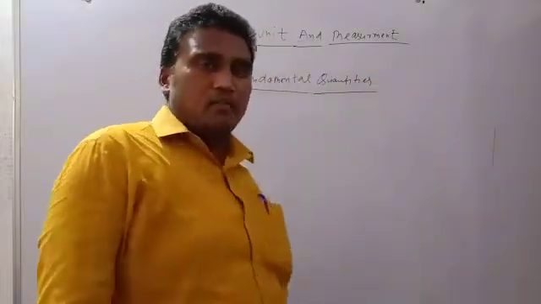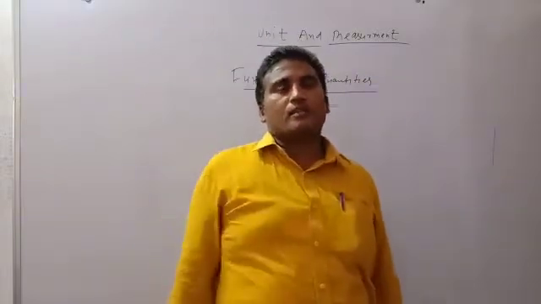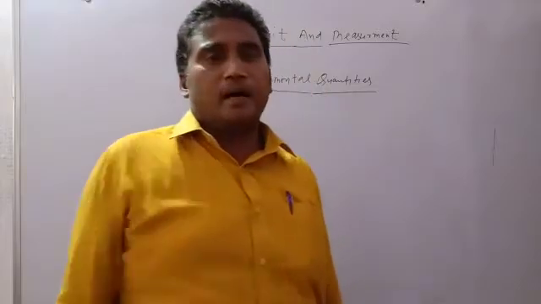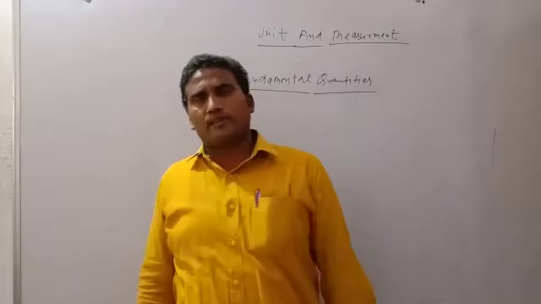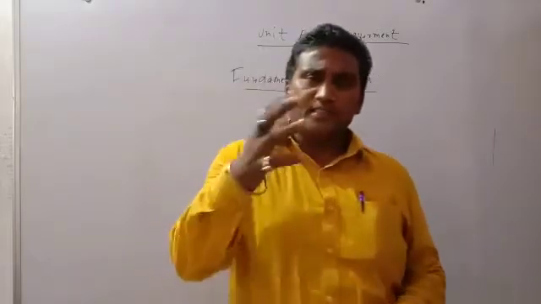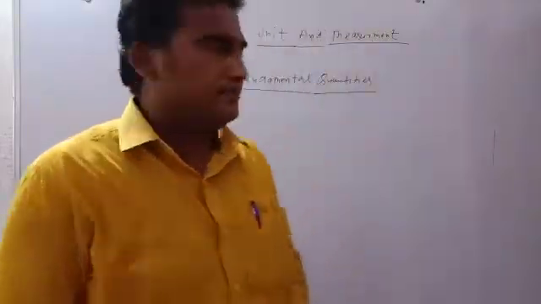What are the fundamental quantities? In science, all the physical quantities are represented by some set. It is known as the fundamental quantities and it is generally of 7 types.